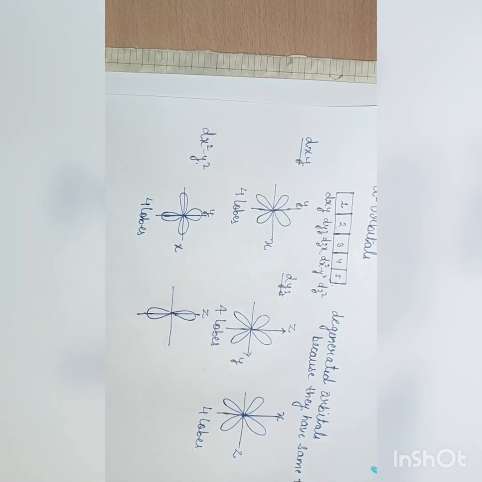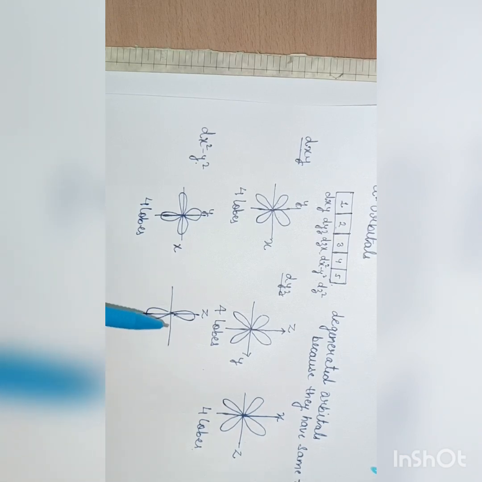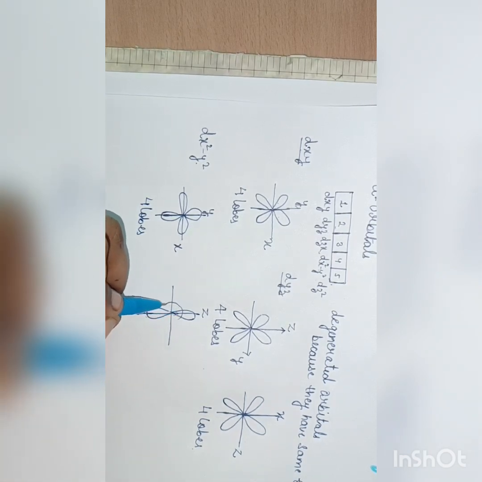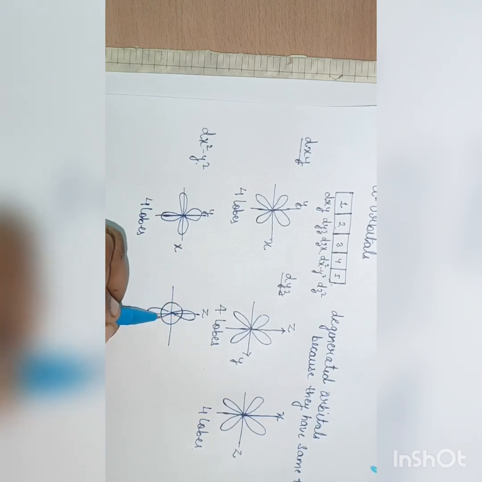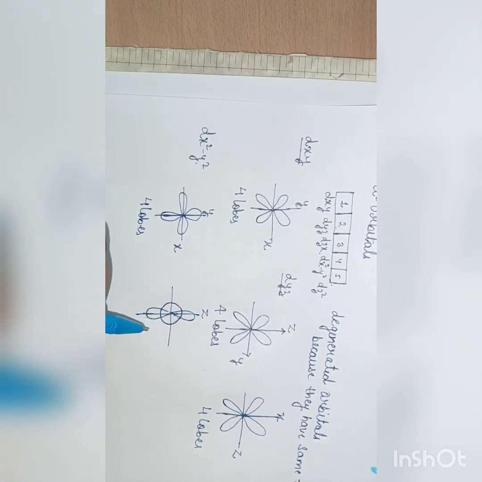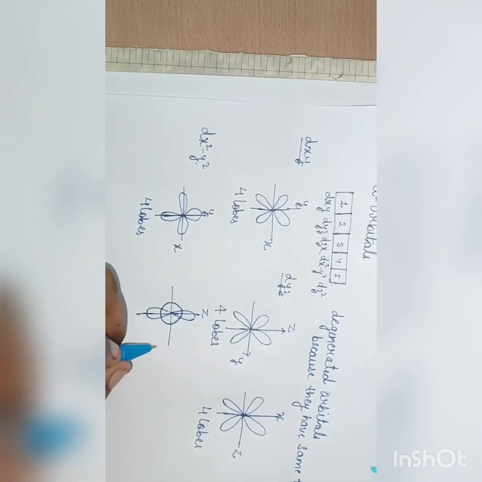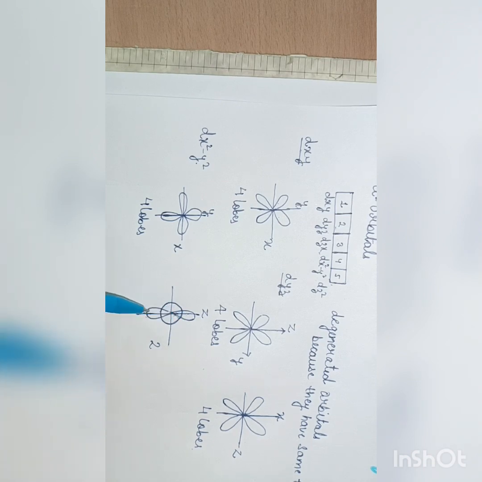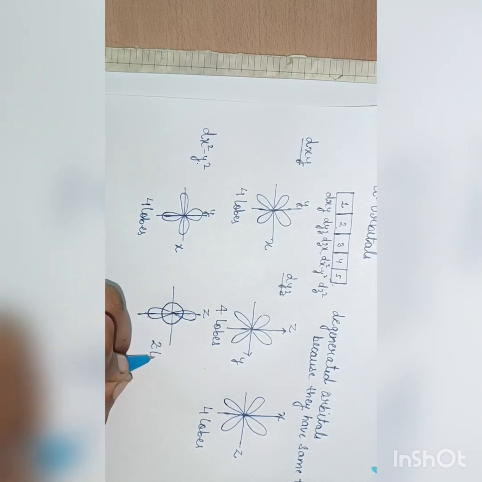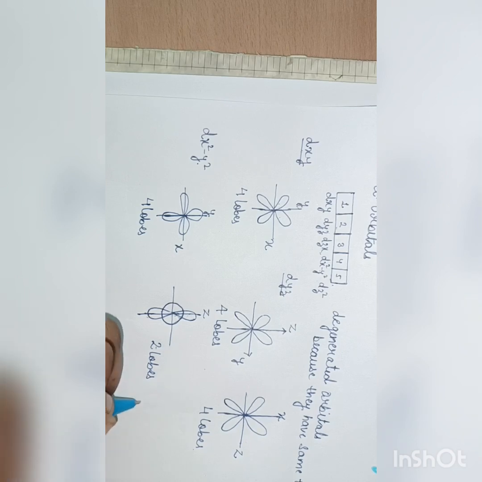So this is also different. Here the lobes are present on the axis and also one ring is present between them. So here we have how many lobes? See, these are 2 lobes and one ring.